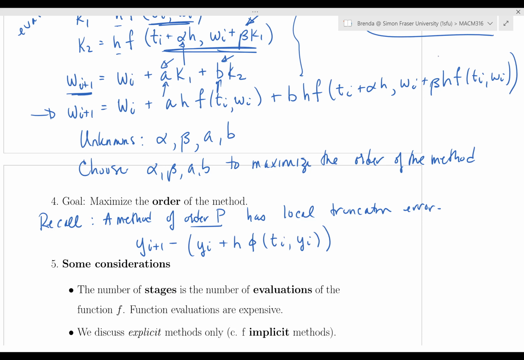So it is the difference between what the function actually is at the i plus first step and the approximation rule applied to the actual value at the i-th step. That is the local truncation error, and that is O(h^(p+1)). And that p, whatever it is, is the order of the method.